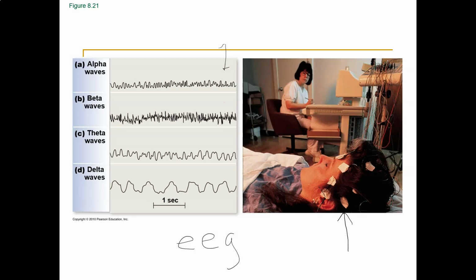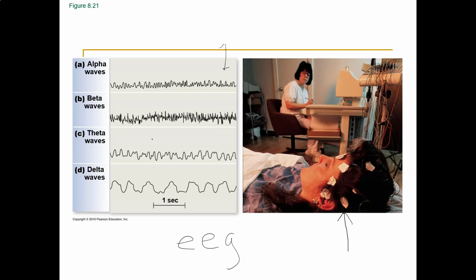There's not many of them per second, compared to, say, your beta waves. So there's lots of lower amplitude waves in a second. Alpha waves are slower than beta waves, and so on. So they look different, and they are correlated with certain behavioral states. So we'll talk about that in a moment.